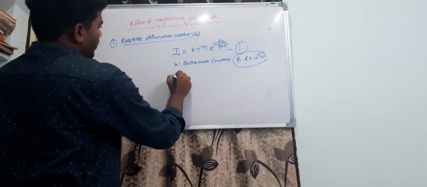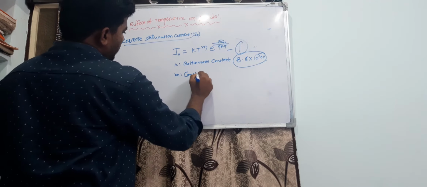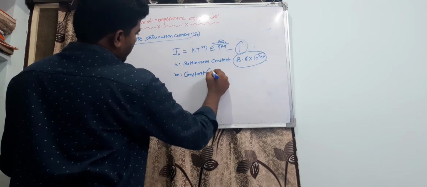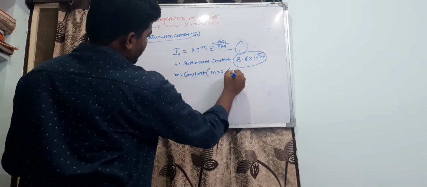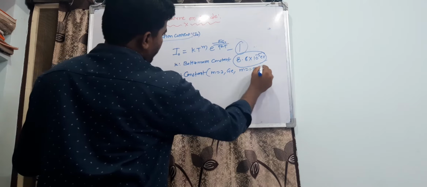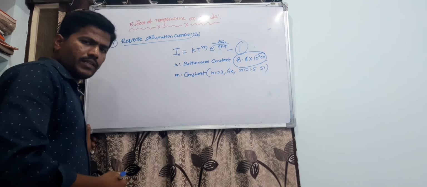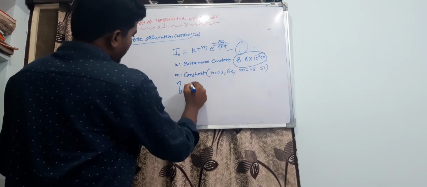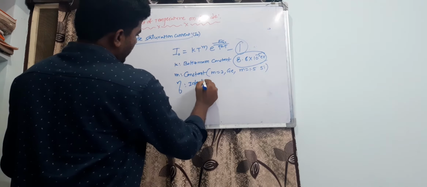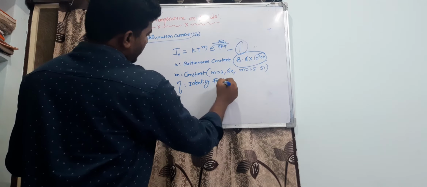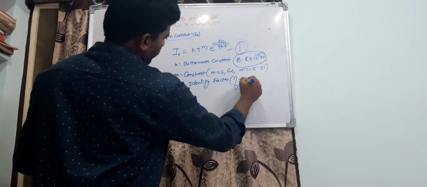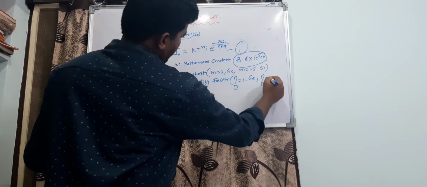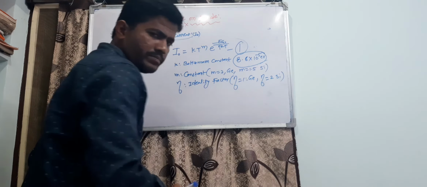Next, m is a constant that differs by material: m is equal to 2 for germanium and 1.5 for silicon. Zeta is the ideality factor: zeta is equal to 1 for germanium and 2 for silicon.